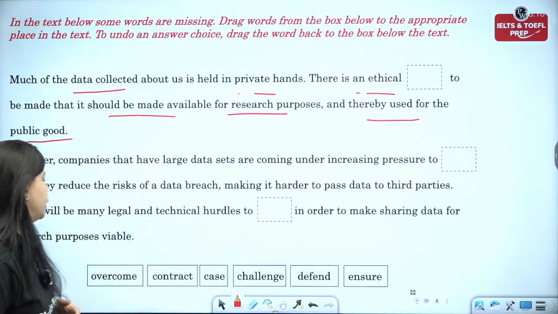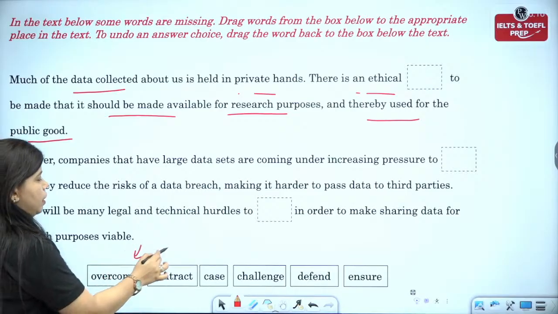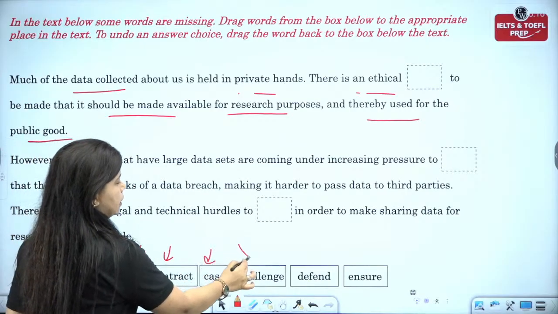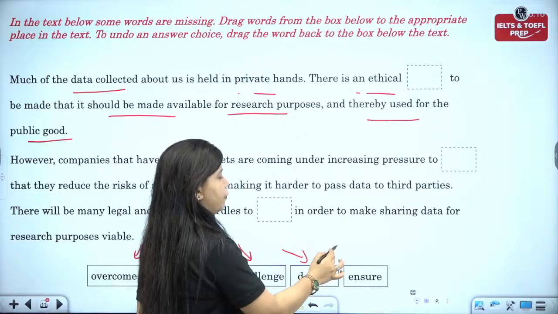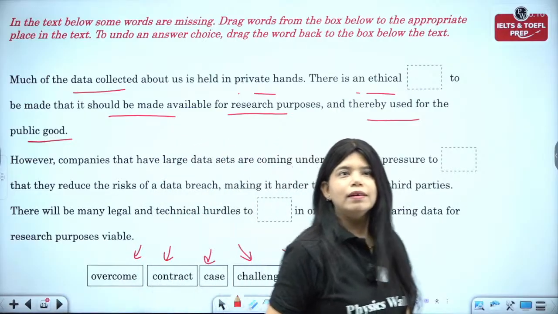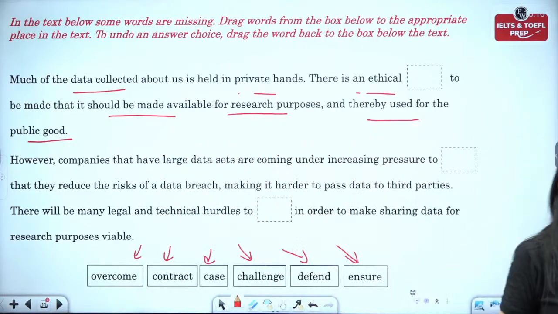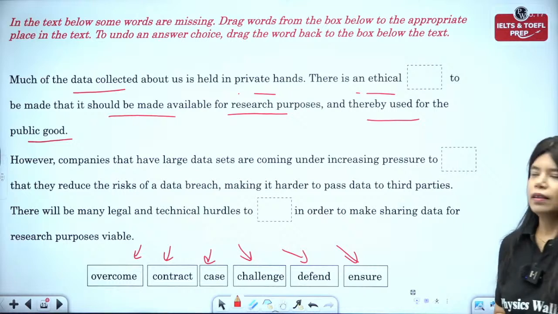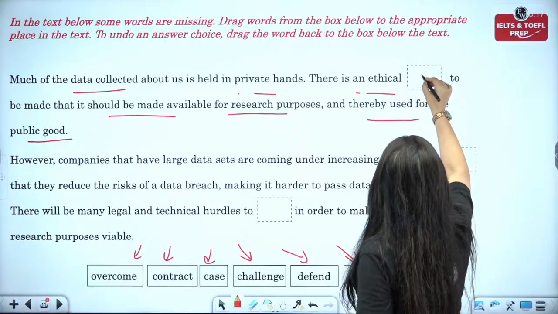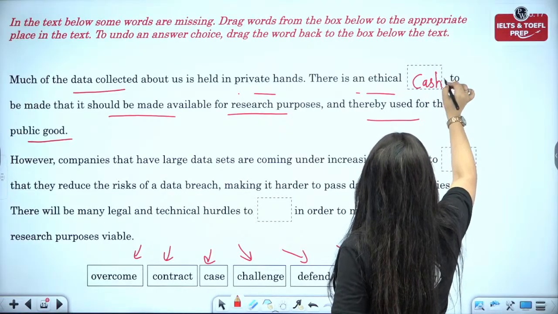Ethical what to be made? Ethical overcome, ethical contract, ethical case, ethical challenge, ethical defend, or ethical ensure. What do you think is the right answer here? Ethical case. Ethical means moral.